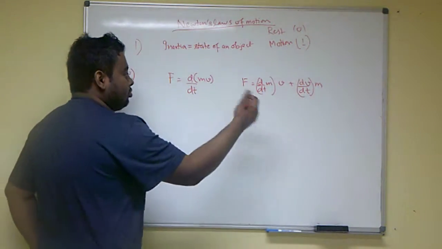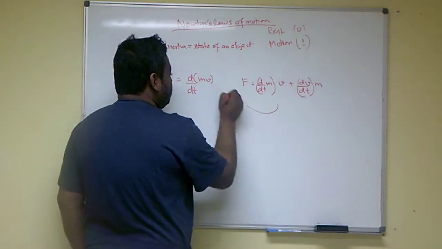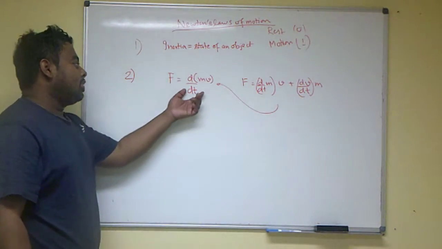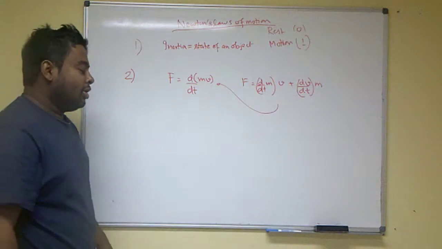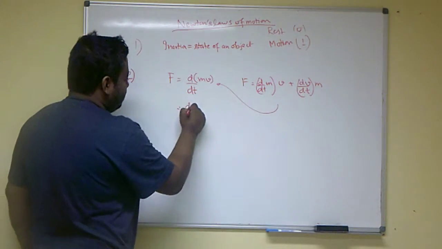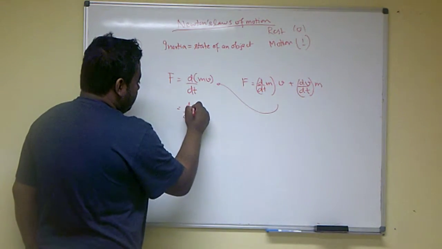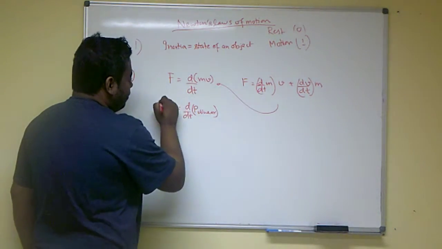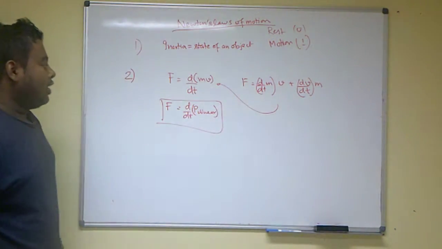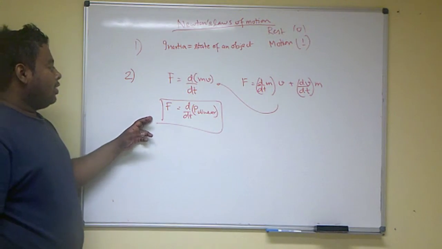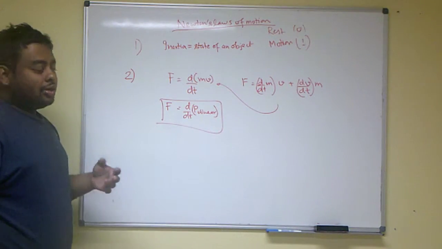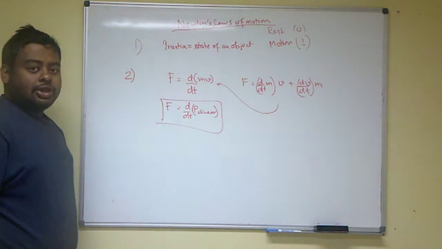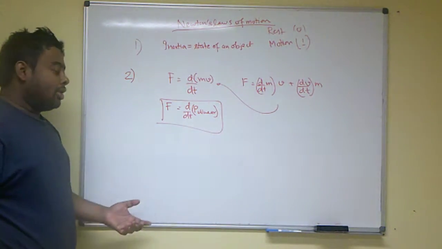Okay, so by reverse chain differentiation, you can write it as d/dt of mv. So if there is a linear force, then due to application of that linear force, there is going to be a change in linear momentum.